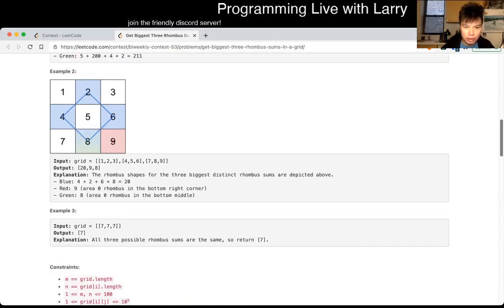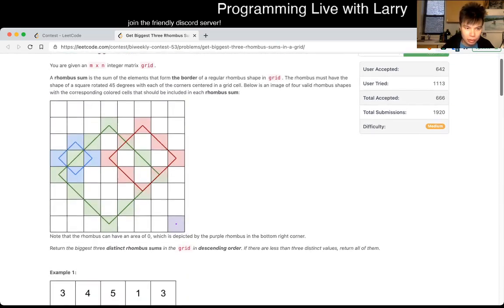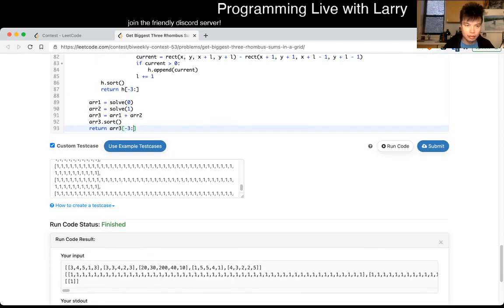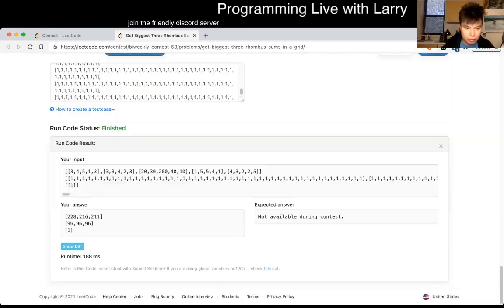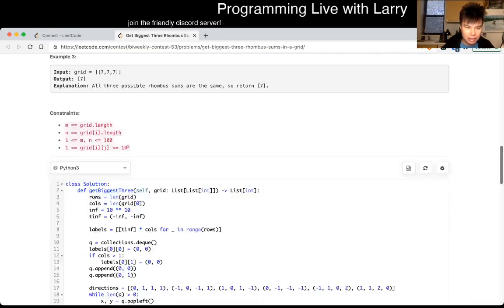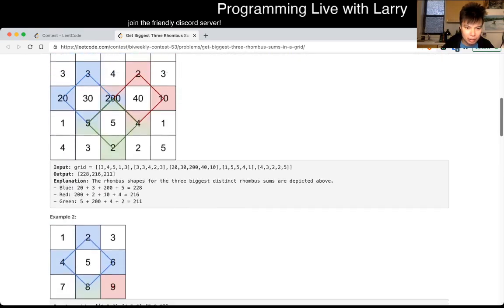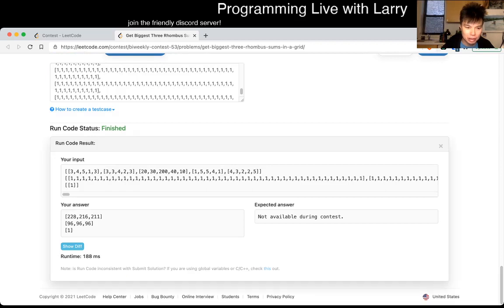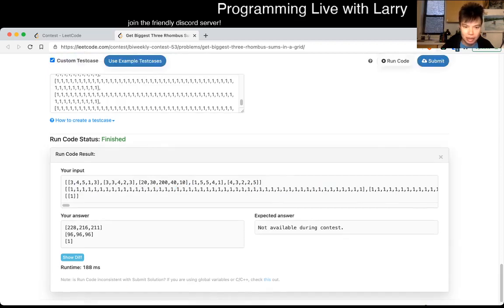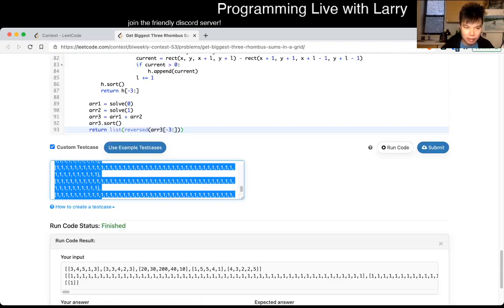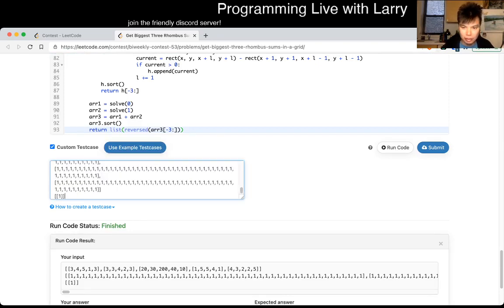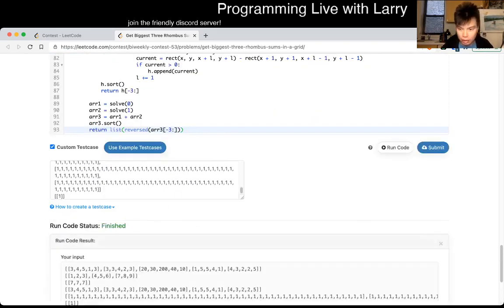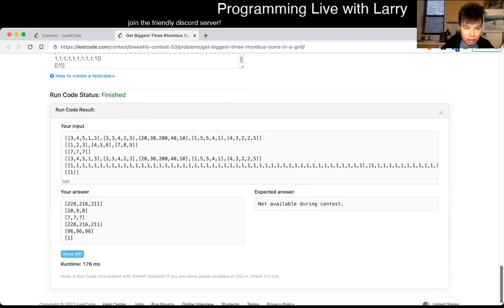Does it have to be in order? In descending order, okay. Mm, 96, 96, 96 is probably not the right answer. Oh no, it is maybe, because it's this ridiculously big thing, not the example. I forgot. Okay, so that looks right, even if it's really yucky.